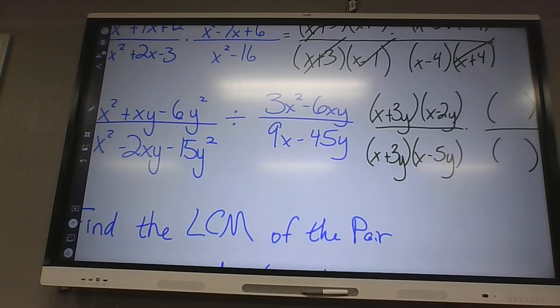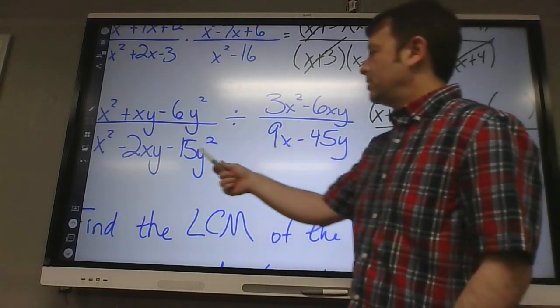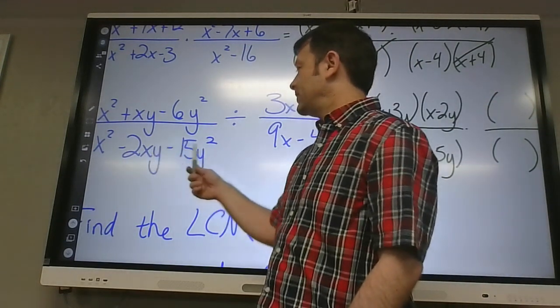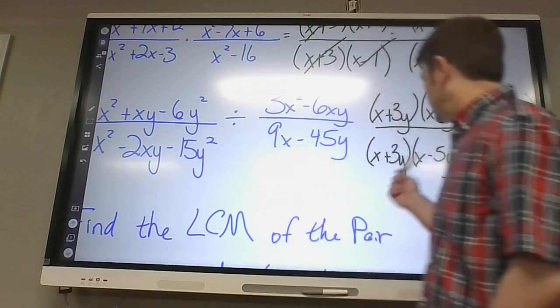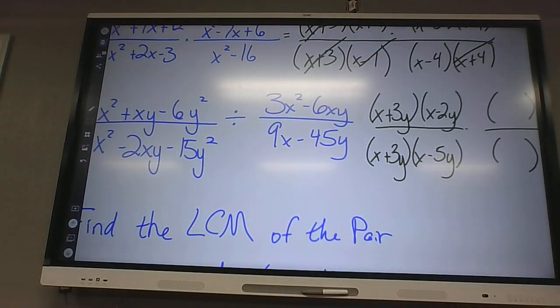So why do you have all the extra X's and Y's in there? Are you talking about here or here? You just, if it ends with y squared, you just add a y. That's all it is? Yeah, okay.